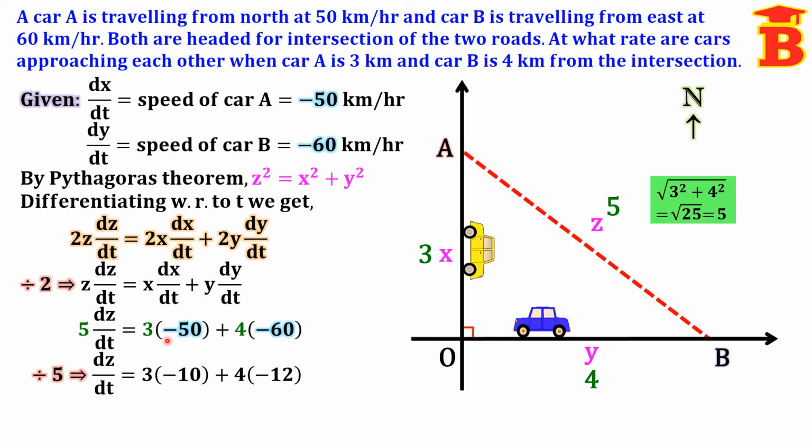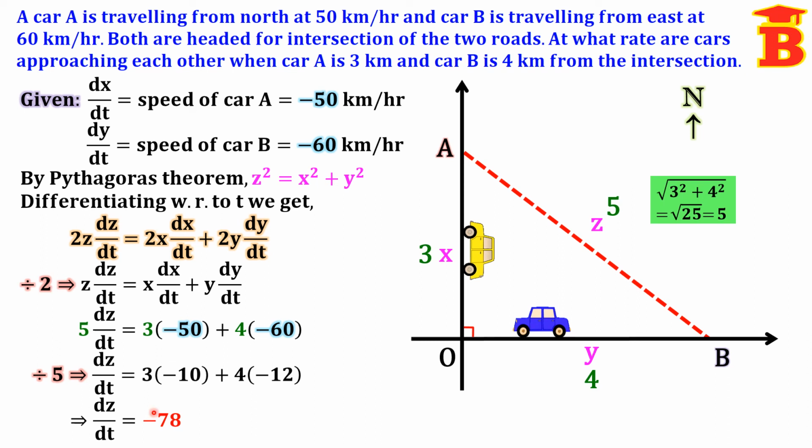On the right side, this minus 50 cancelled by 5 we get minus 10, plus next term, this bracket minus 60 cancelled by 5 we get minus 12. Now this is 3 into minus 10, minus 30, plus 4 into minus 12, minus 48. So minus 30 minus 48, adding, we get minus 78. So therefore dz by dt is minus 78.